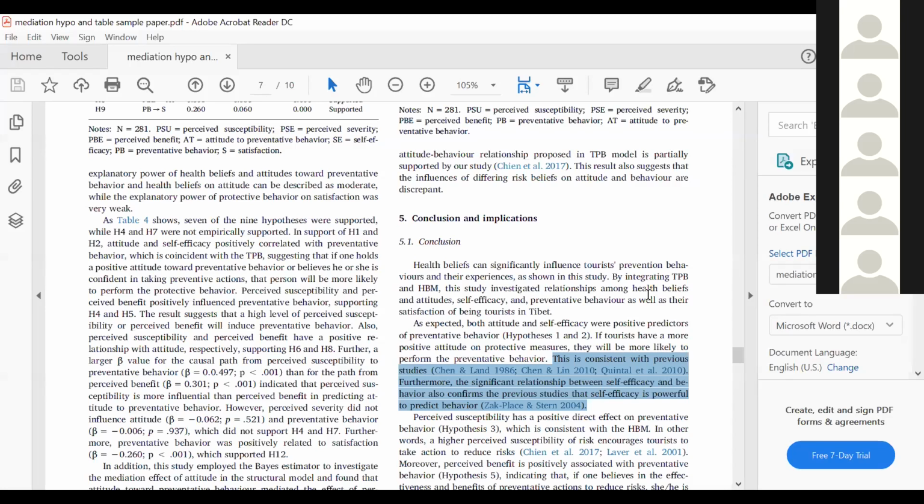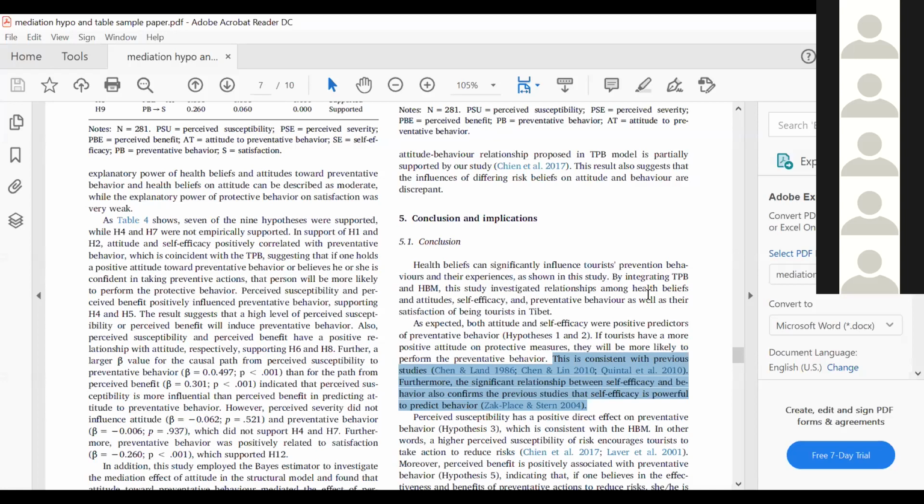What do you have to write? You have to write that if in my research there was a positive impact of attitude and protective measure, does this match with the past research? So this is consistent with previous studies.